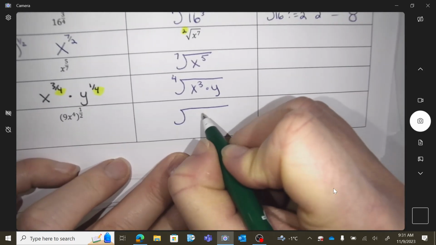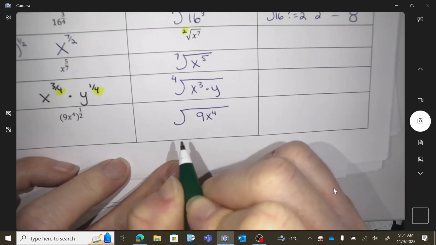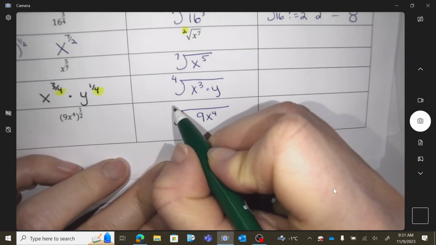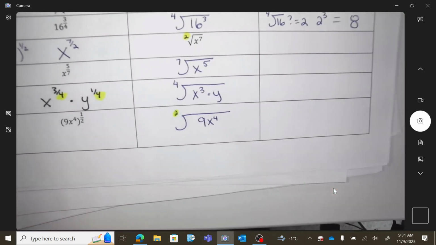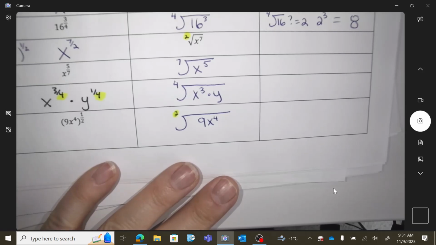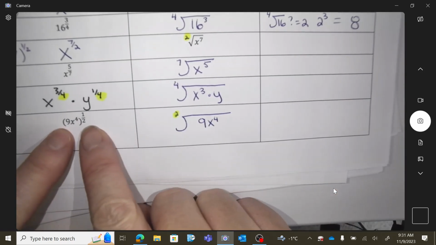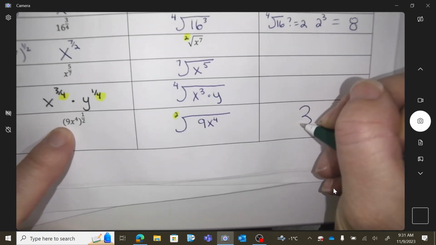So I would put a 9x4 in there. And you don't have to write the 2, but that's what's happened, right? A square root of 2. So what is the square root of 9? 3.